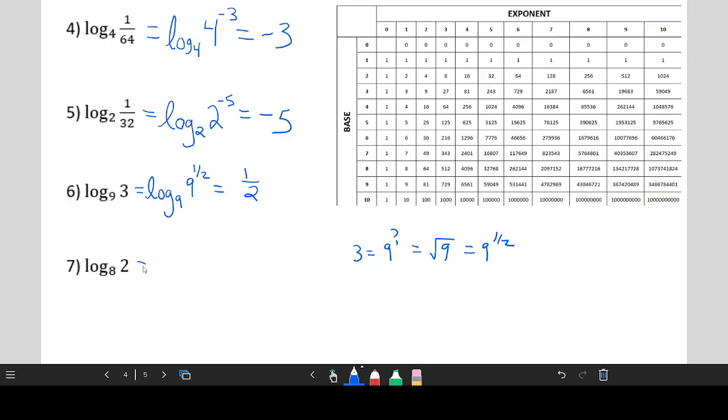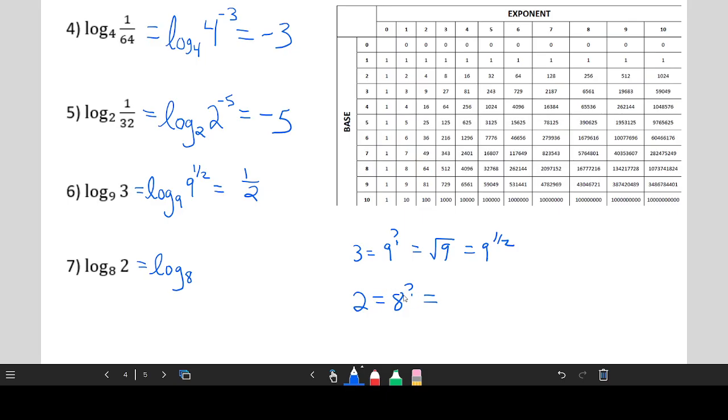Okay, here again we have the base and the input are both greater than 1, so no reciprocals involved. But we need to write 2 as 8 to a power. And so since they're both greater than 1, we don't want to use a negative exponent. It's going to be a radical.